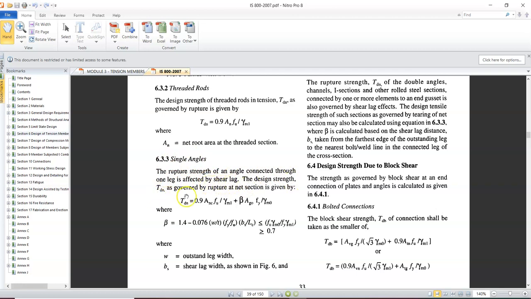The design strength TDN as governed by rupture at net section is as given below. We have to use this formula for a single angle: TDN is equal to 0.9 into ANC into Fu by gamma M1 plus beta into Ag0 into Fy by gamma M0.